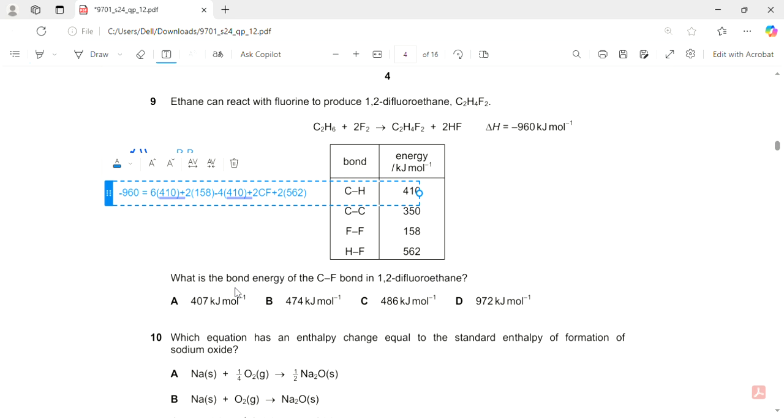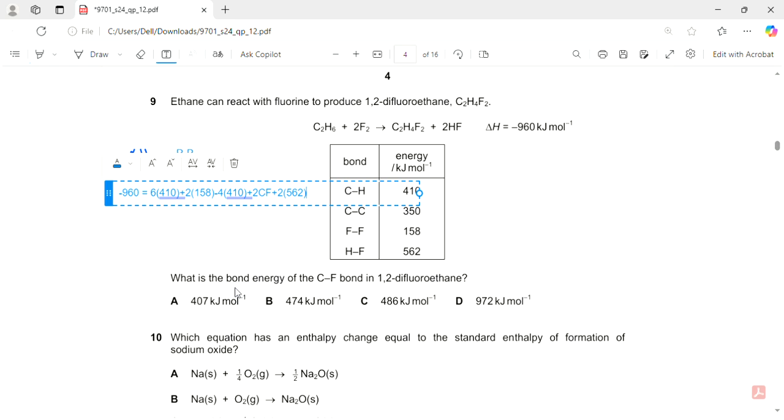First of all, I just calculate this. 6 into 410 plus 2 into 158 is 2776. So we should know the 2776 minus 4 into 410 plus 2 into 562. 2776 minus 2764 is 12.